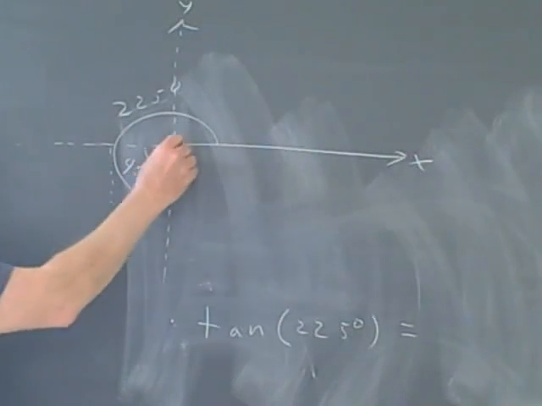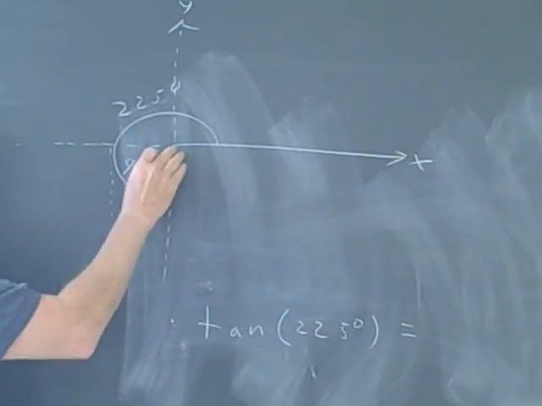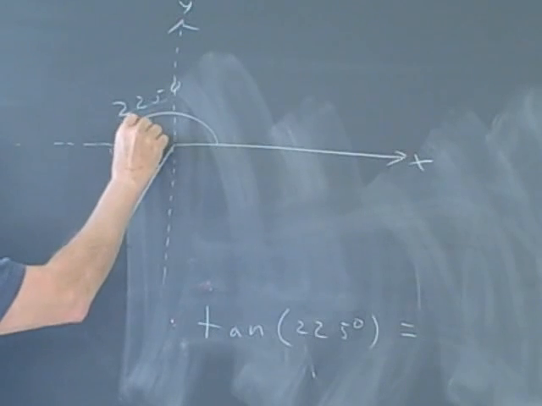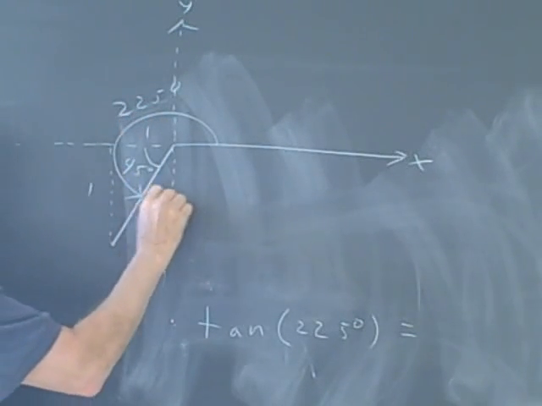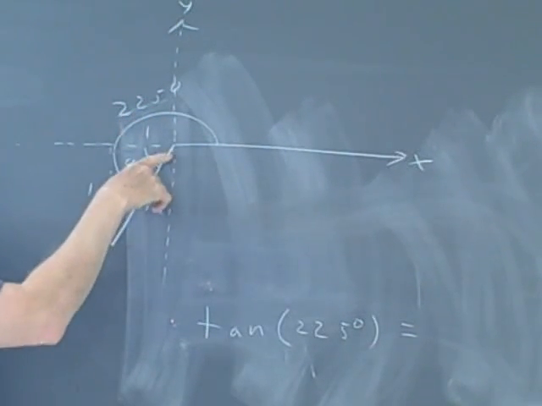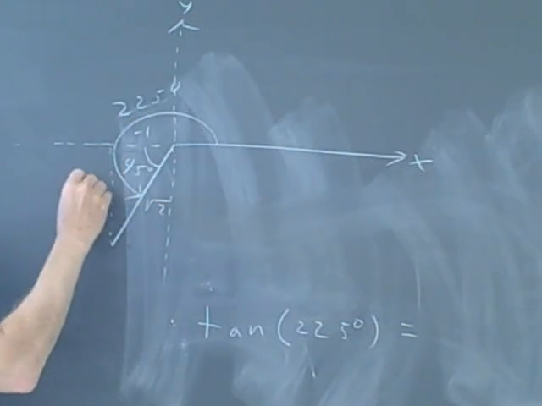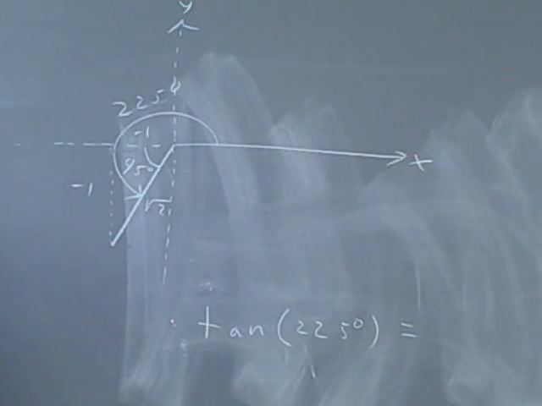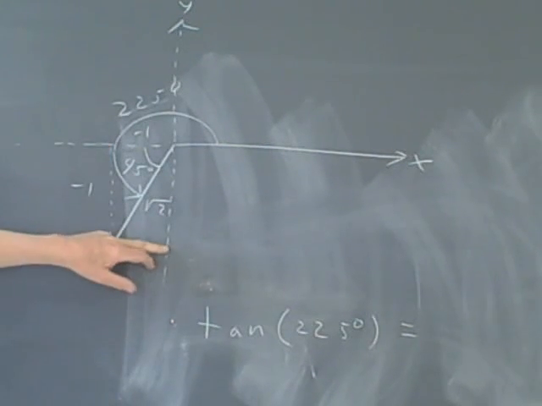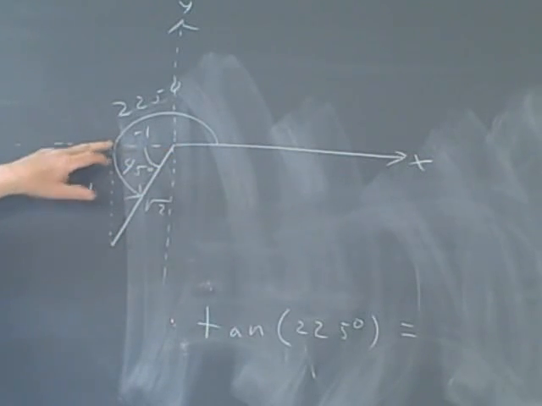I realize that I've not drawn this distance very well, because it's normally 1, 1, square root of 2. I should have made it look a little nicer. But this is a negative direction, and this is a negative direction down here. The y-axis gives me a negative value, and here it's a negative x value.